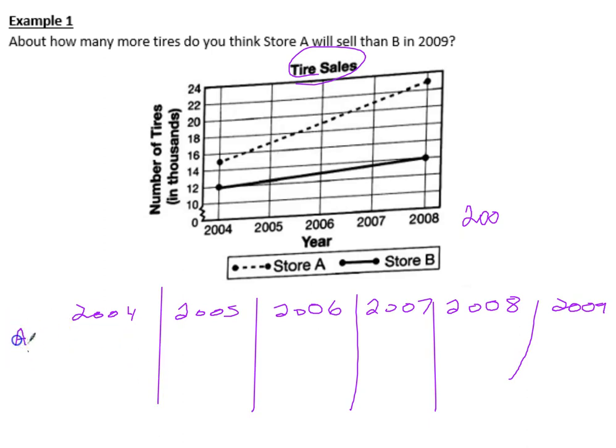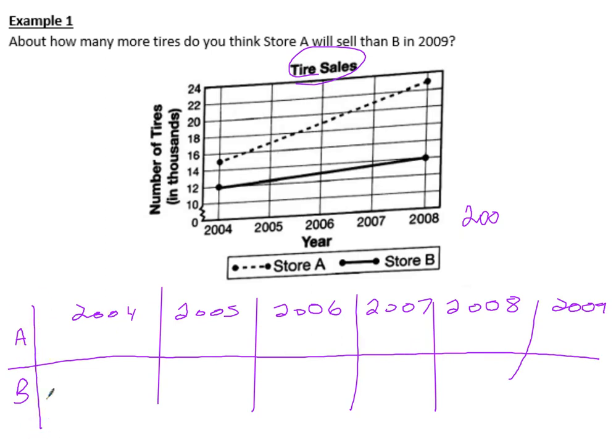And we are going to compare store A and store B. Okay, so store A in 2004 appears to be at 15,000 tires, and store B appears to be at 12,000 tires. In 2005, we're going to be at 17,000 tires for store A and roughly 12,500 tires for store B. Notice it's not quite in the middle, it's about a quarter of the way, so that's why I'm saying 12,500.